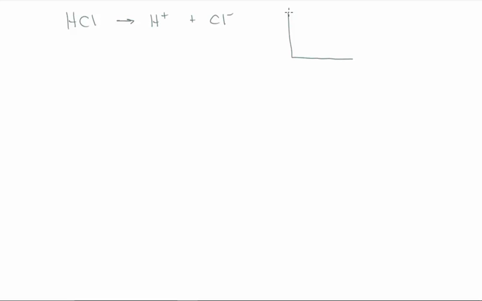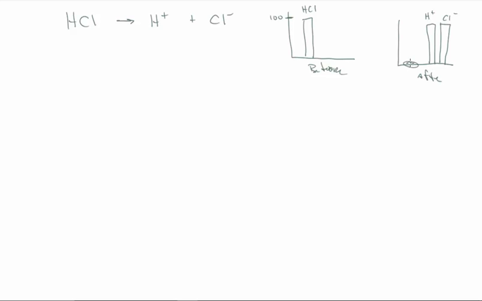If I were going to graphically show you what this looked like before dissociation and after dissociation, this being 100%, what we would end up with is all of my original molecules completely dissociated. Notice over here, this is before, and this is after dissociation.